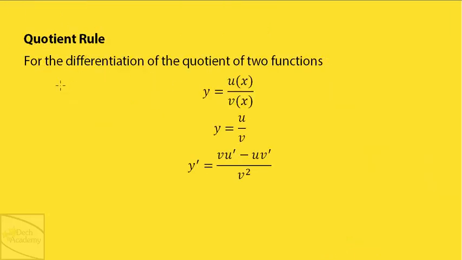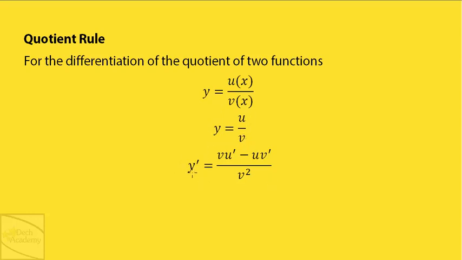The quotient rule is useful when you're differentiating the quotient of two functions. So anytime you have an expression of the form y is equal to u over v, so a function divided by another function, the quotient of two functions, the dy/dx is given by this.